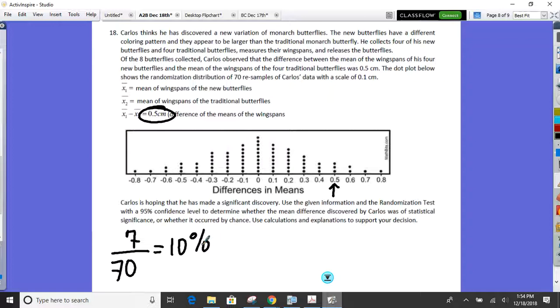Is that a significant discovery? No, it's got to be 2.5 or below to be significant or unusual. So, not significant, because it falls within the 95% confidence interval.